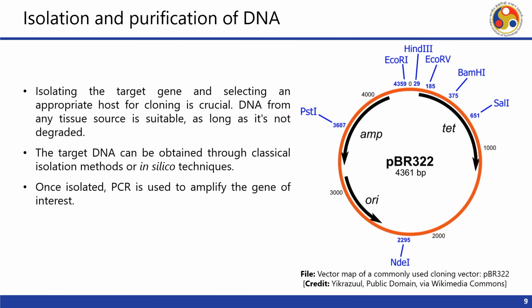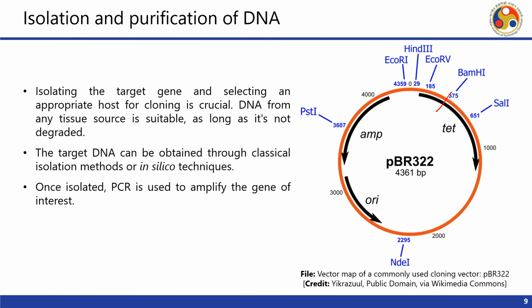So, if we use BamHI, the vector will open at this site at 375. But we can also use a combination of restriction enzymes.